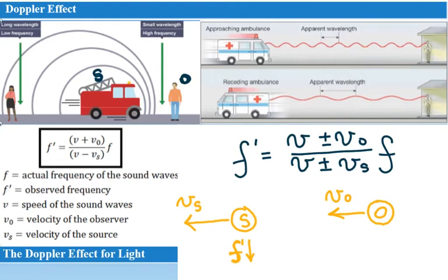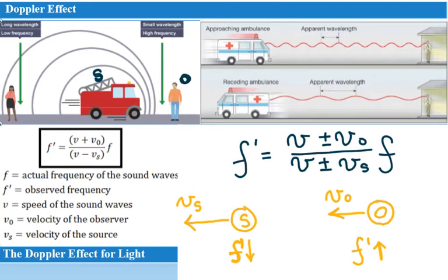But if the object is moving toward the source, that makes the new frequency higher, because the object approaching the source will compress the wavelengths in front of the source. The source moving away from the object will stretch the wavelengths by its actions.